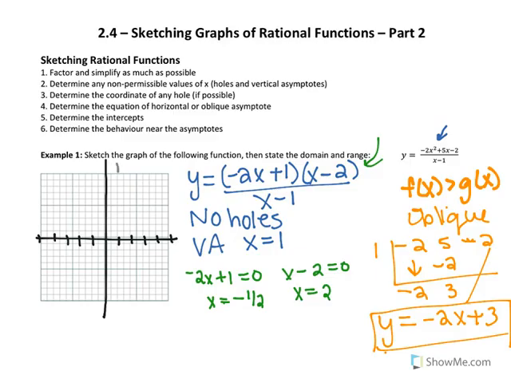I have an oblique asymptote at -2x plus 3, so I'm going to go up to +3, and then I'm going to go down 2 over 1, down 2 over 1, down 2 over 1. Okay, so it looks like that.